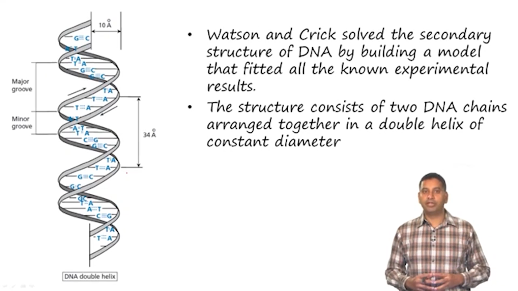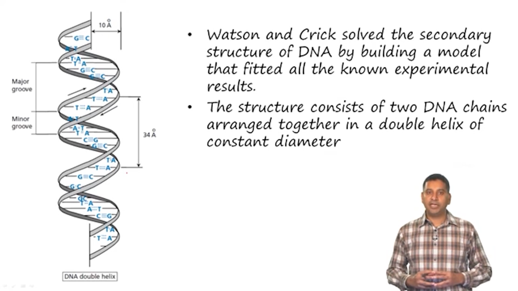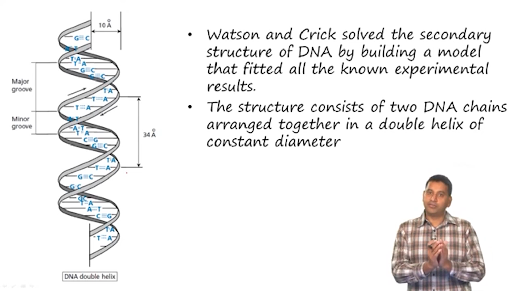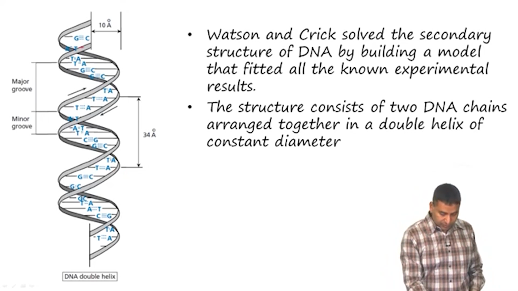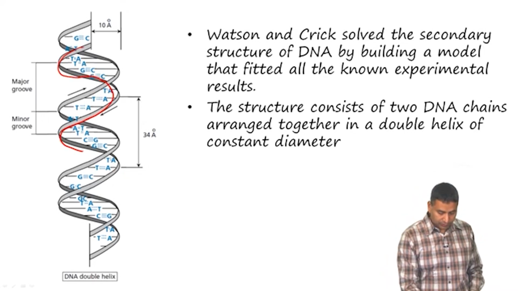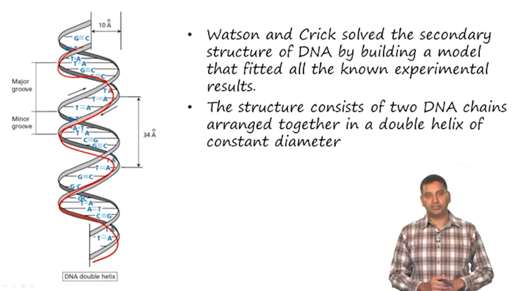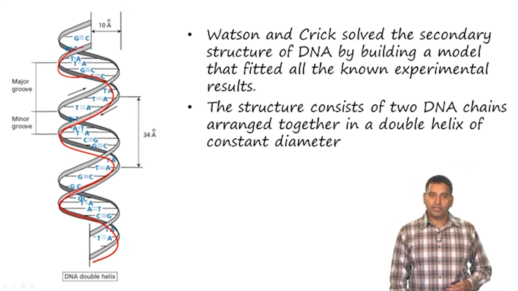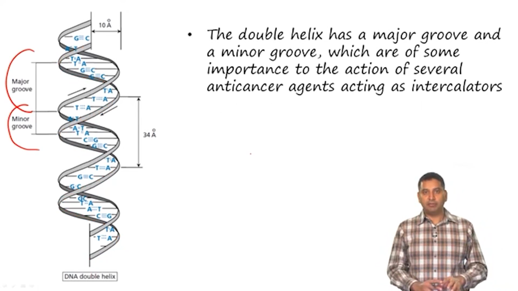I think all of you are familiar with this concept, so I will spend very limited time on it, but DNA exists as 2 single strands which are bound together as a double helix. You have here the first strand, let us say, that runs around here, and here is the second strand. The double helix has a major groove and a minor groove.